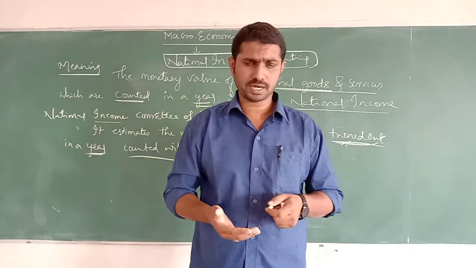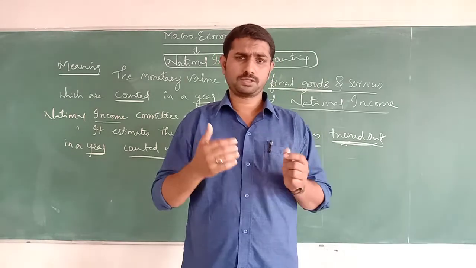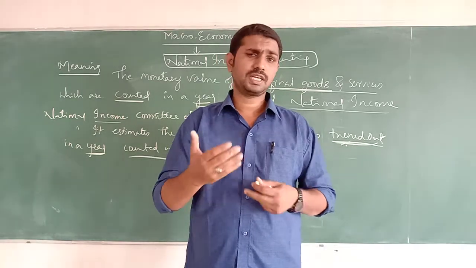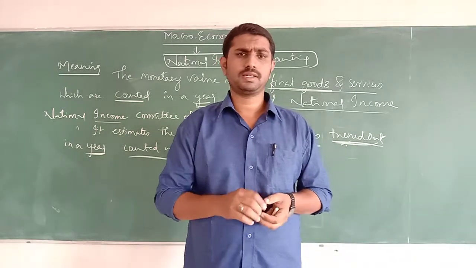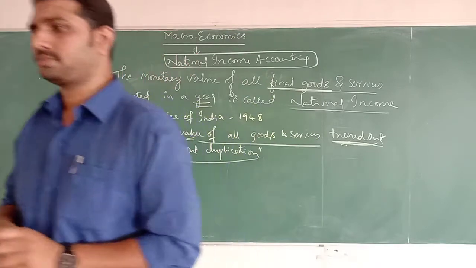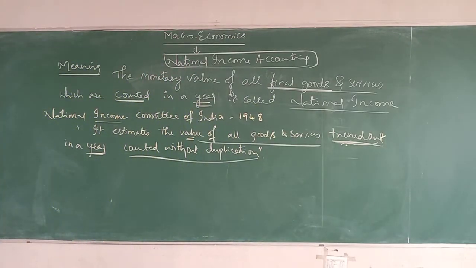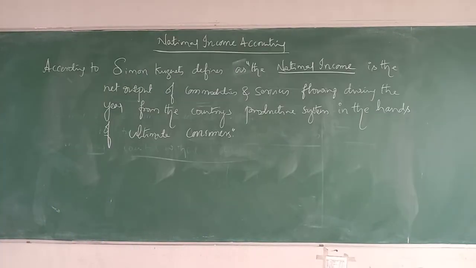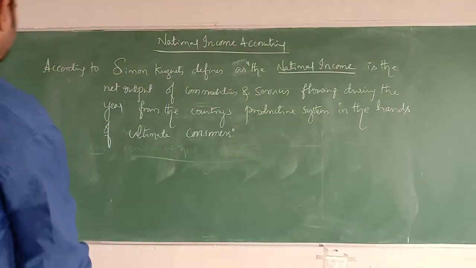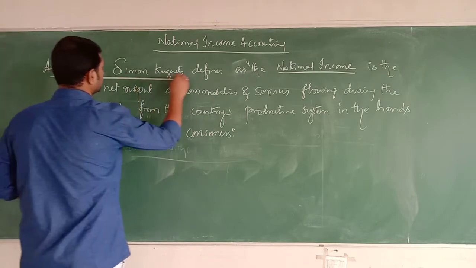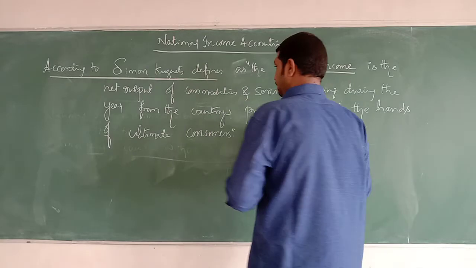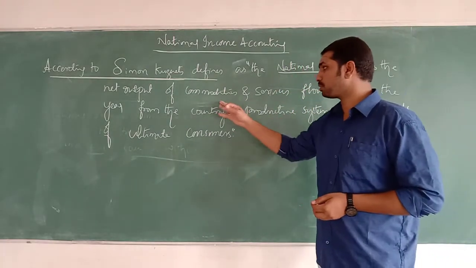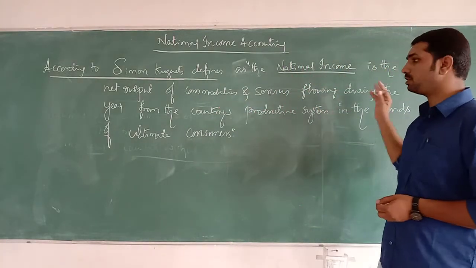Likewise, there are other definitions of the same term, national income, given by thinkers in macroeconomics, such as Simon Kuznets. He defines national income as the net output of commodities and services flowing during the year.